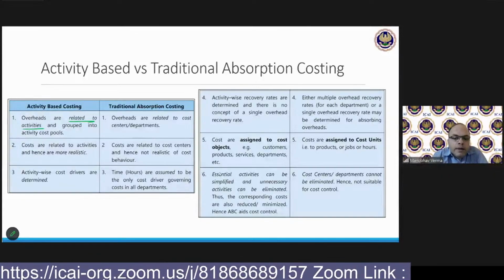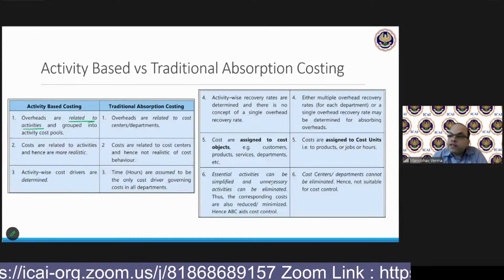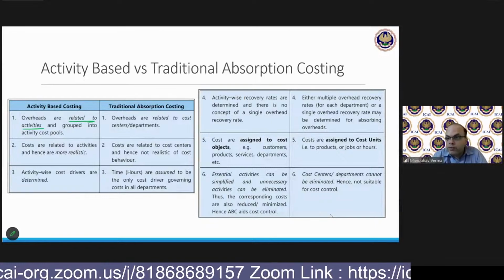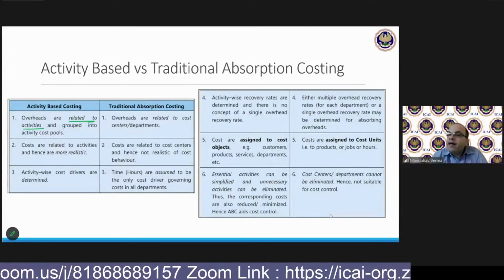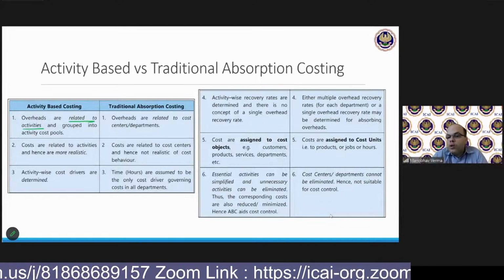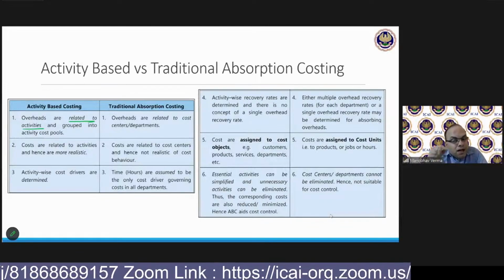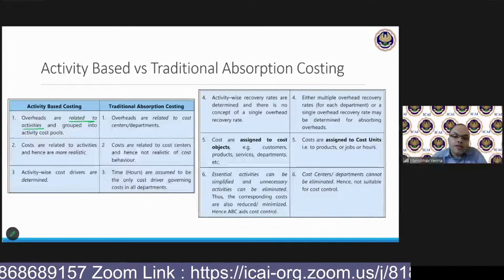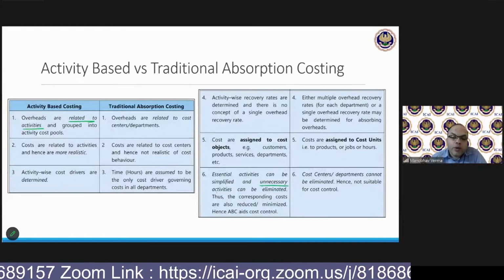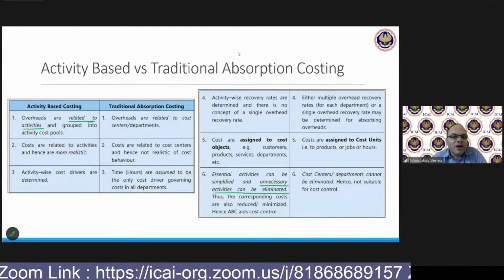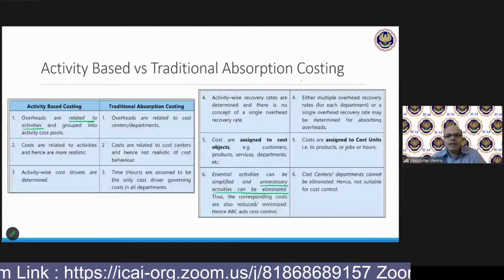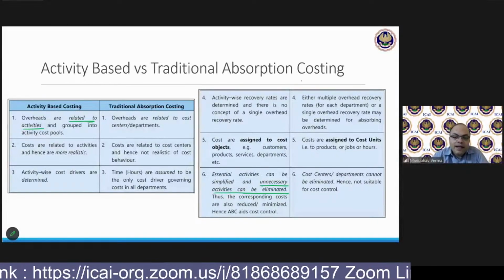We may be able to identify the activities which are not that relevant for the product or can be redundant, and can be eliminated without impacting the quality. So any unnecessary activities can actually be eliminated when we are following ABC costing. I would say this is more of a byproduct of this costing mechanism, but it is very, very significant, right?